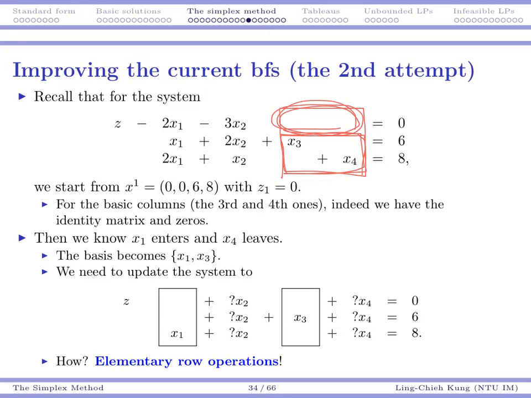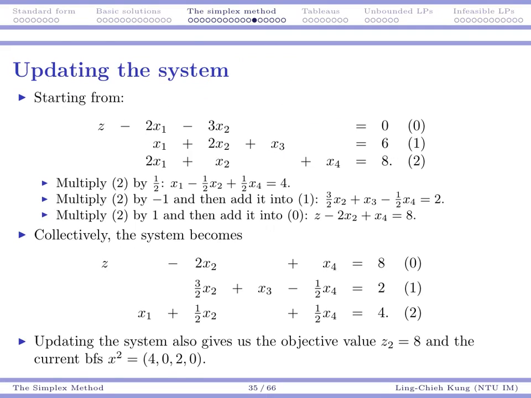And at the same time, we want to make sure that this one and that one, the two linear systems, are still the same. So that means we want to do some elementary row operations to make this one become the next one, but maintaining everything the same. So that's pretty much Gauss-Jordan elimination or elementary row operations. From this one, we are focusing on this particular number and that particular number.